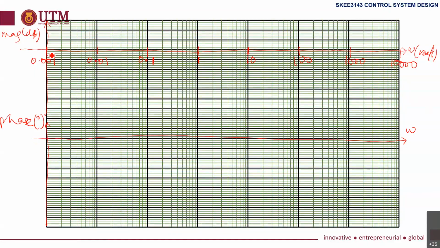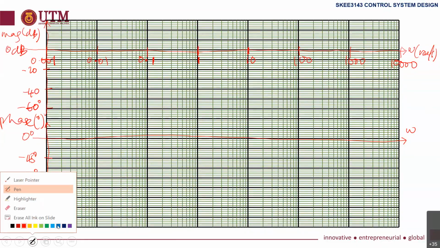Then this is dB, 40 dB, 0 dB here, minus 60 dB. And for degrees: 0, minus 45, minus 90, minus 135, minus 180 degrees. The scale also, we have to decide a proper scale.